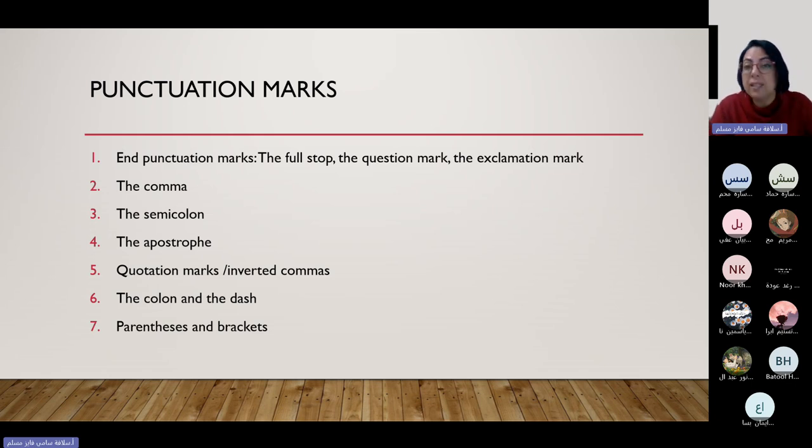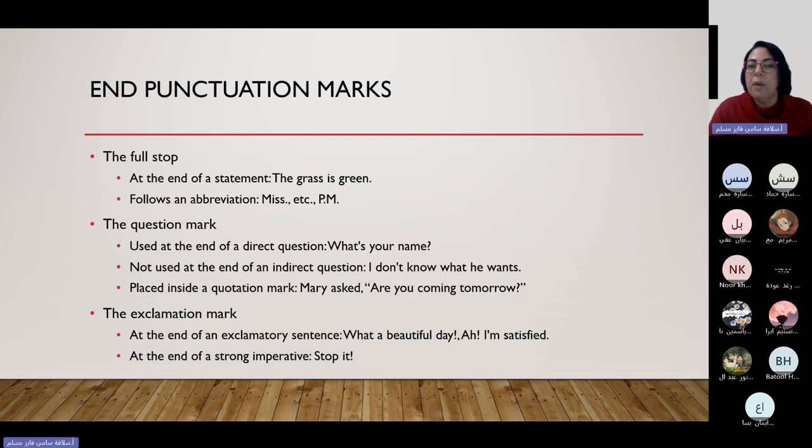And writing has some rules that we need to follow in order for the sentence to make sense. So we talk about end punctuation marks, which are put at the end of a sentence. And these are either a full stop, a question mark, or an exclamation mark.